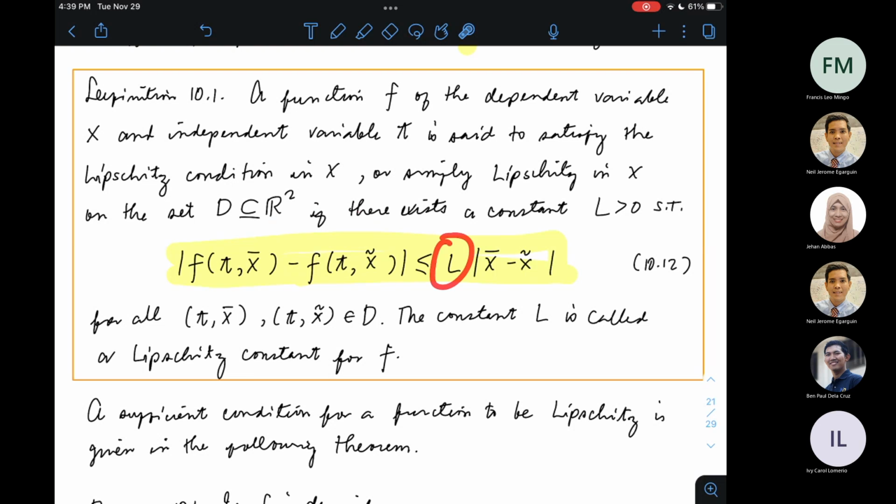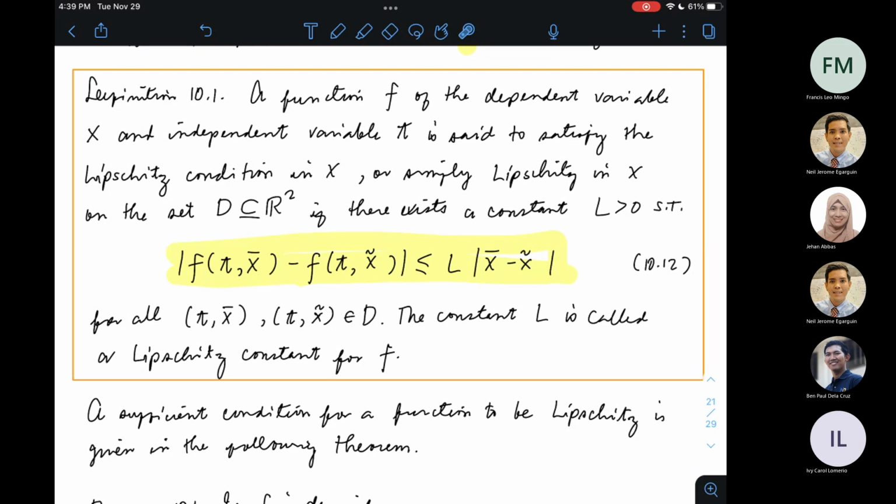And the constant L here, or actually not the constant L, but the least upper bound siguro. Least upper bound, supremum, least upper bound. Yeah, the minimum value for L, that's what we usually refer to as the Lipschitz constant.